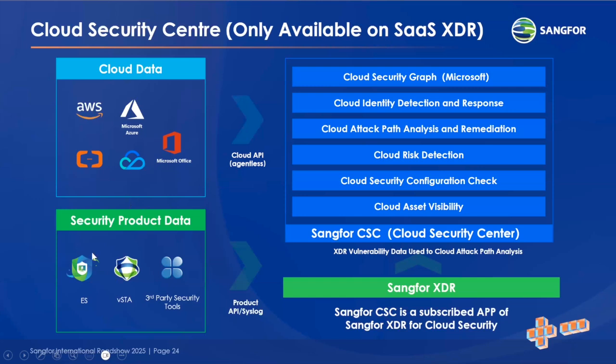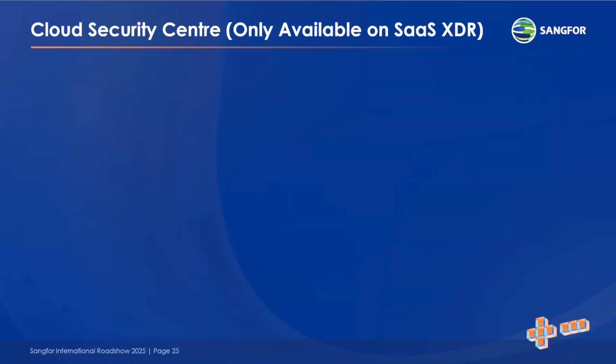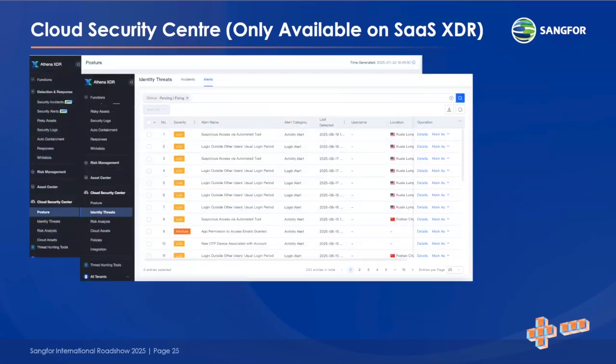And our EDR can also be installed in the cloud assets. And our SDA also collects the cloud traffic. Okay, so we just wire the cloud API, because the cloud vendor's API is very open to get. So what can we do in our XDR?